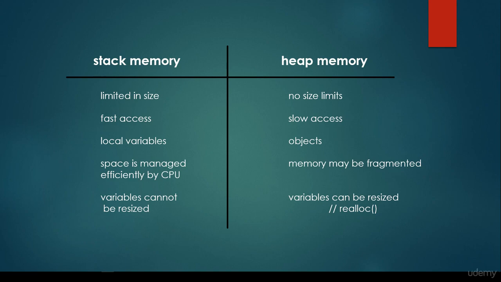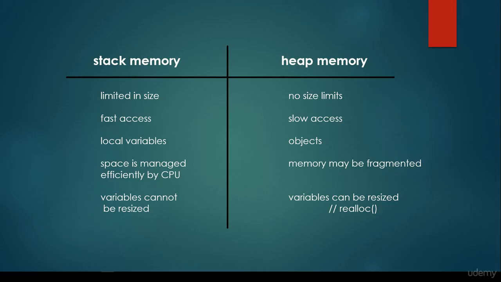For stack memory, the space is managed efficiently by the central processing unit, and for heap memory, it may become fragmented because it is managed by the software engineer, the programmer. We are not able to resize a variable on the stack memory. As far as the heap memory is concerned, variables can be resized with the help of the realloc function, for example, in C or C++.